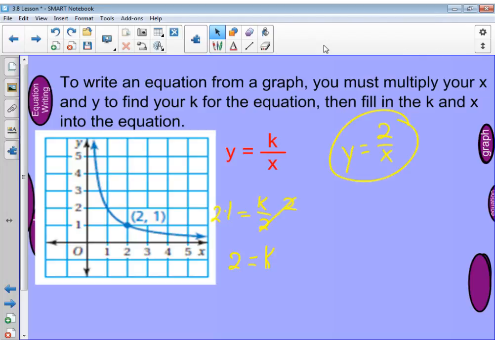You should have gotten y equals 2 over x. That's it for this part of the lesson. Good luck. Key thing to remember is that indirect variation involves division between your constant, which is your k, and your x. Good luck.